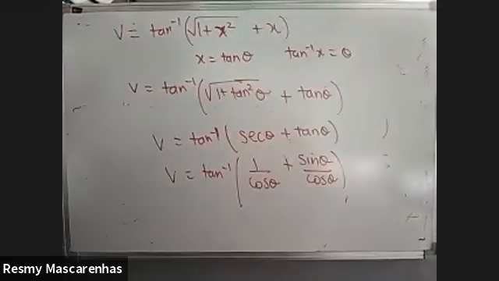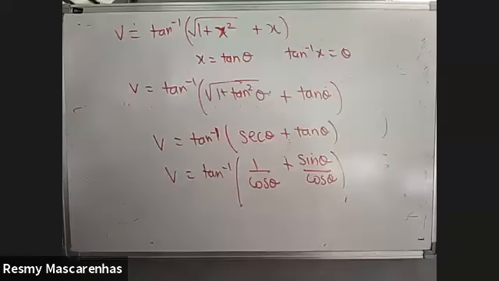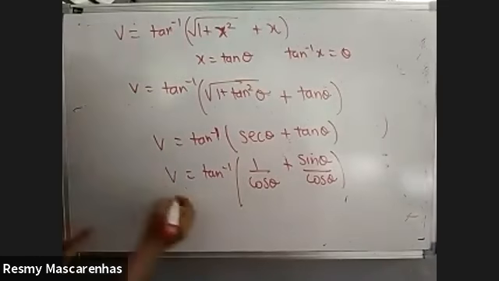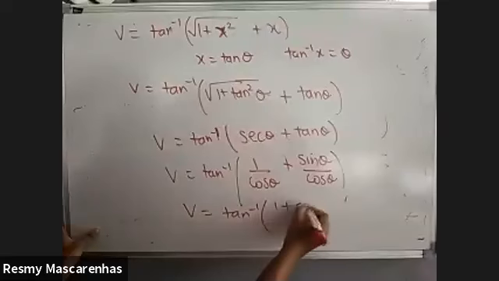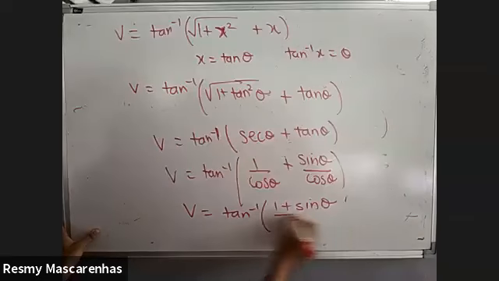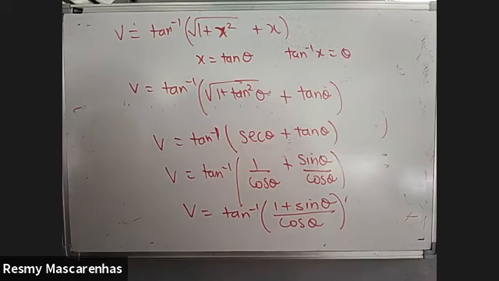Exactly the same. And then cos theta is common. v will be equal to tan inverse of 1 plus sin theta upon cos theta.